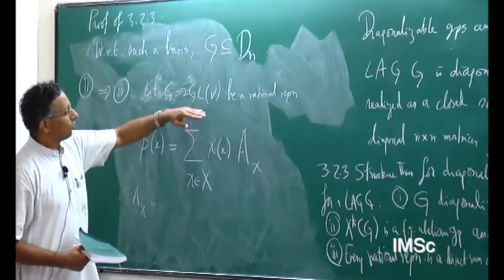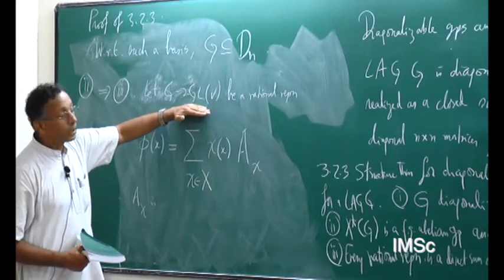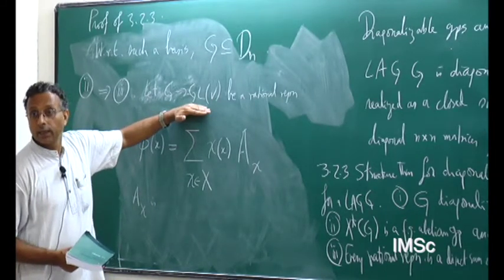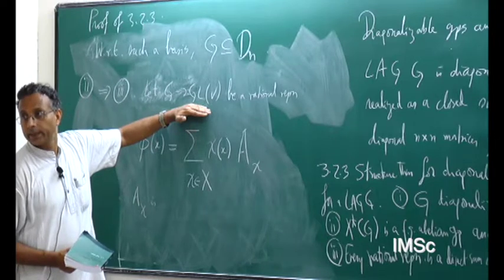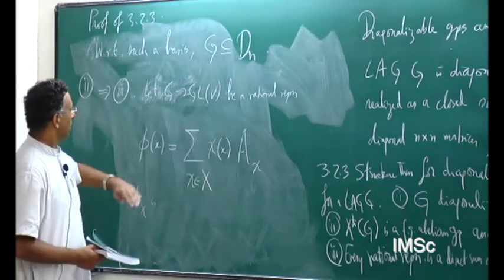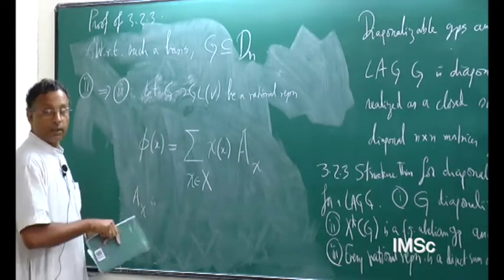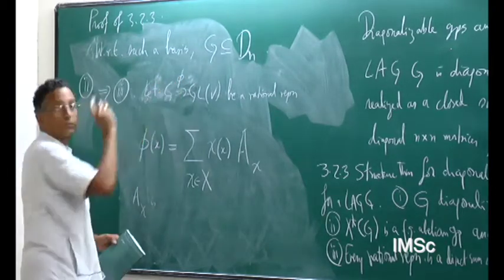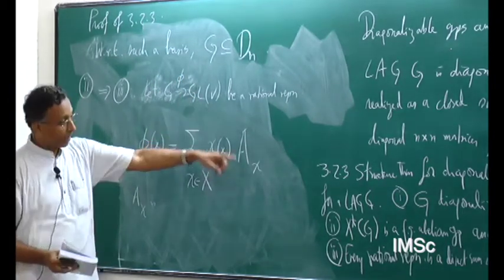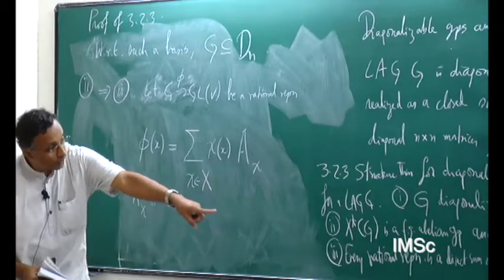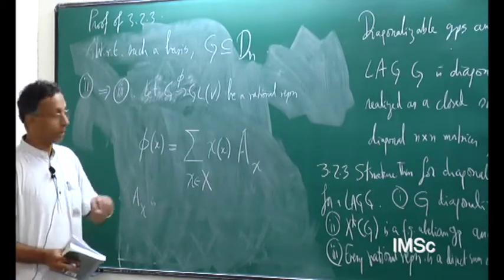How do you think about this? GLV, just think of it as an n cross n matrix. Then this is our phi. This is our given rational representation. I am trying to prove that it's a sum of one-dimensional representations.